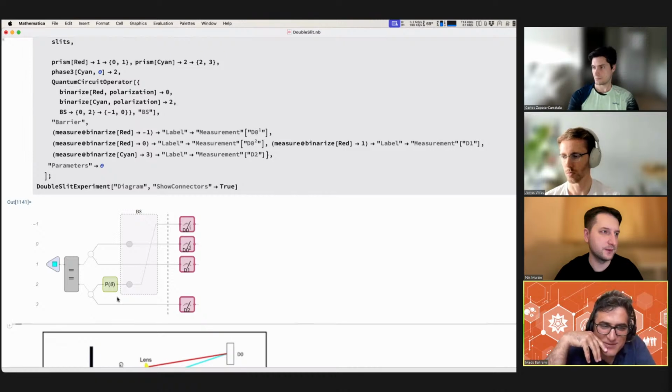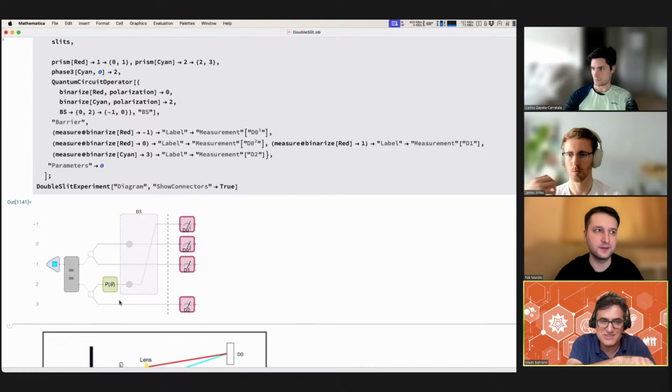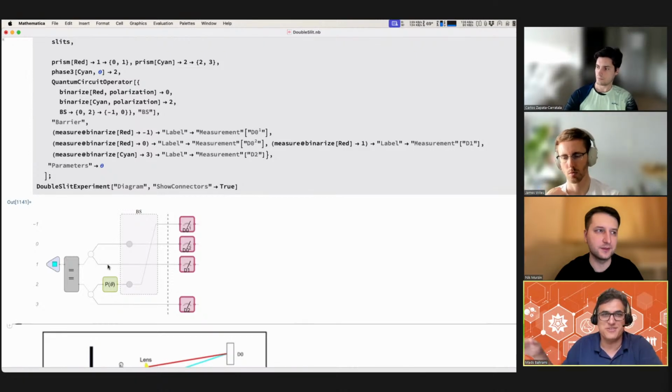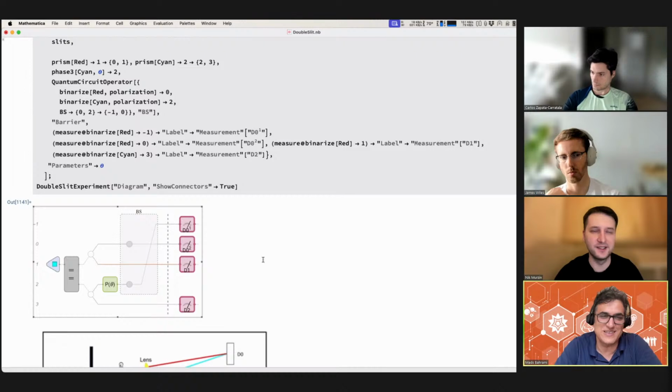Just to clarify, the D1 wire goes through the beam splitter. It's not interacting with the beam splitter. That's what I was trying to say. This wire goes directly through it. Yes.